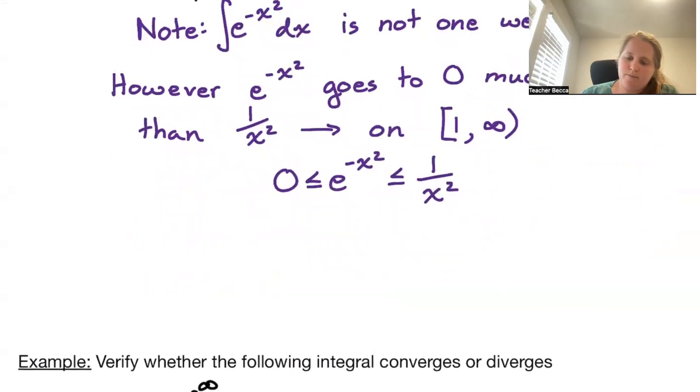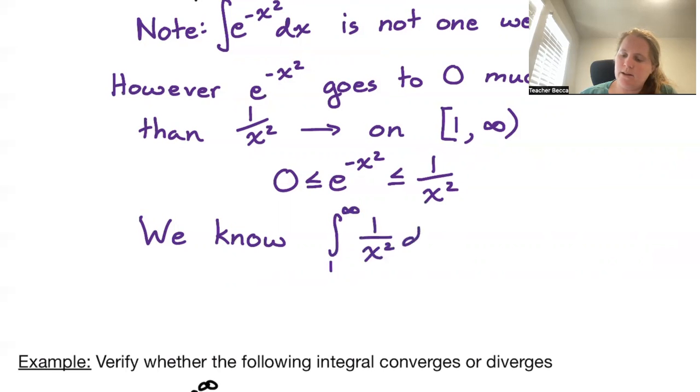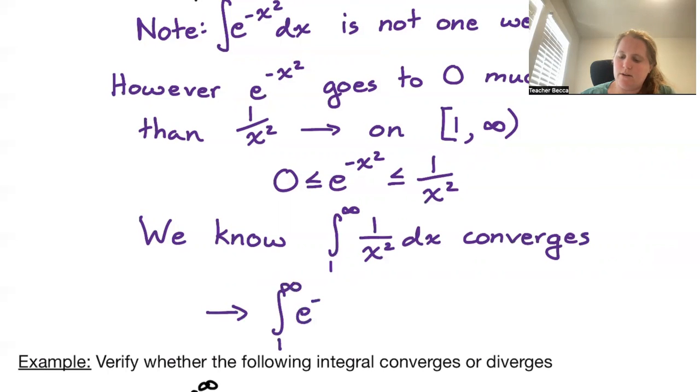We know that the integral from 1 to infinity of 1 over x squared dx converges. And so that tells us then that the integral from 1 to infinity of e to the negative x squared dx also converges.